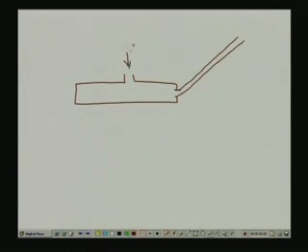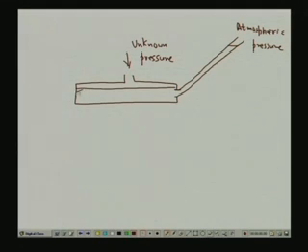This is the unknown pressure, and this is our atmospheric pressure. So, what will happen, you see the liquid will come down here. Now, what is the difference between the inclined tube manometer and the well type manometer?